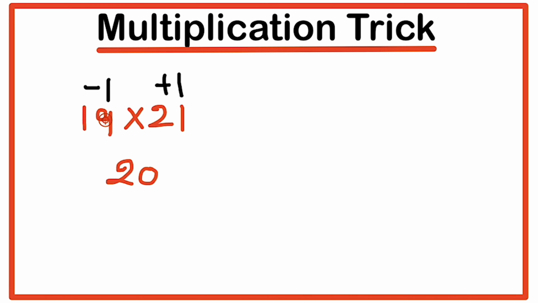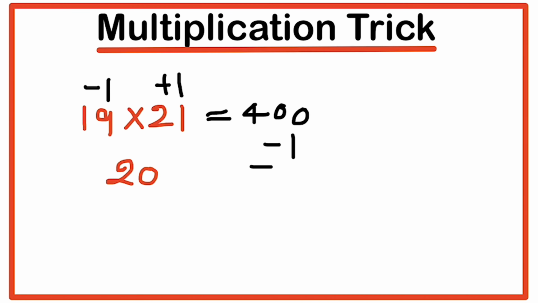If we add these two numbers, it will become 20, and then multiply that 20 with this 20. So 20 into 20 will become 400. We are just writing 400, and after that we just multiply these two numbers. If we multiply plus 1 and minus 1, it will become minus 1.